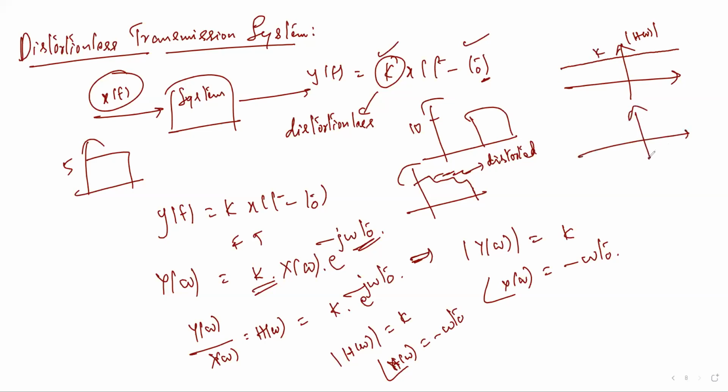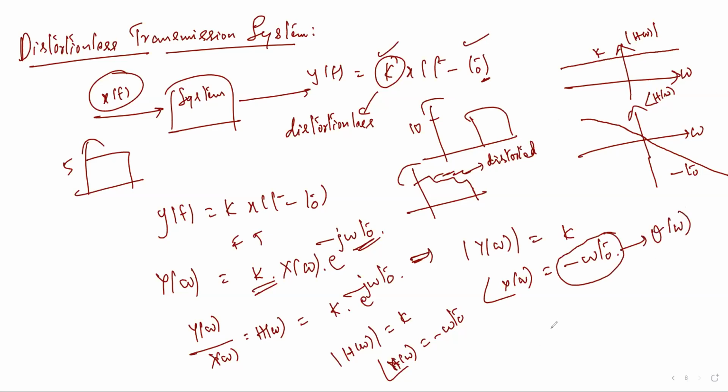Whereas for the phase of the system function, we take minus omega t naught. Taking omega on the x-axis, the phase response will be like this. The slope is minus t naught. The phase function minus omega t naught is theta of omega, the phase function.